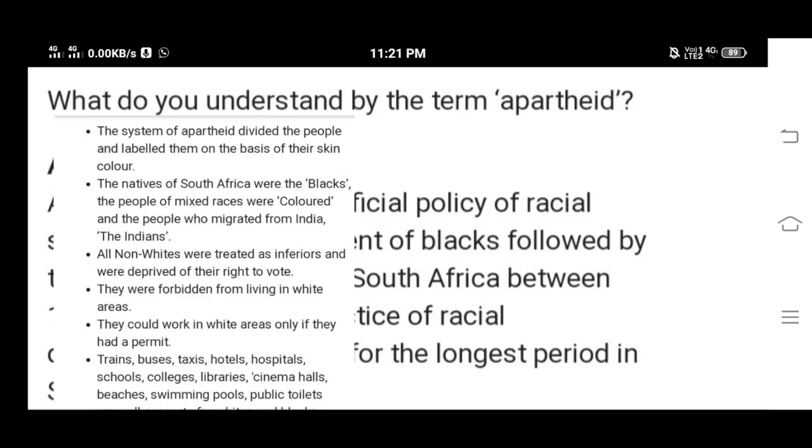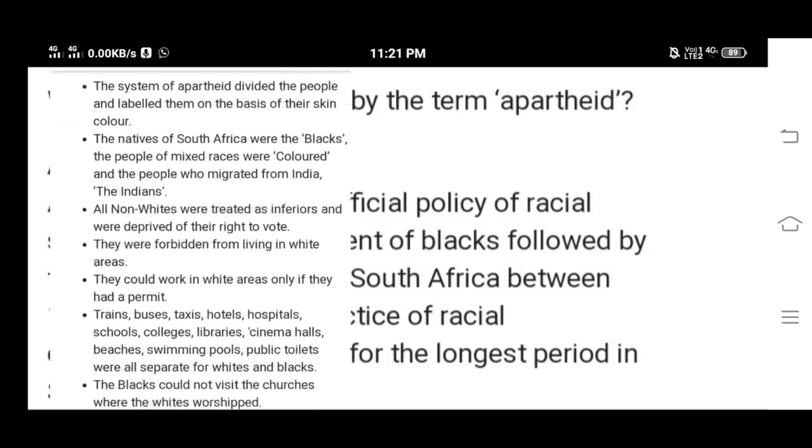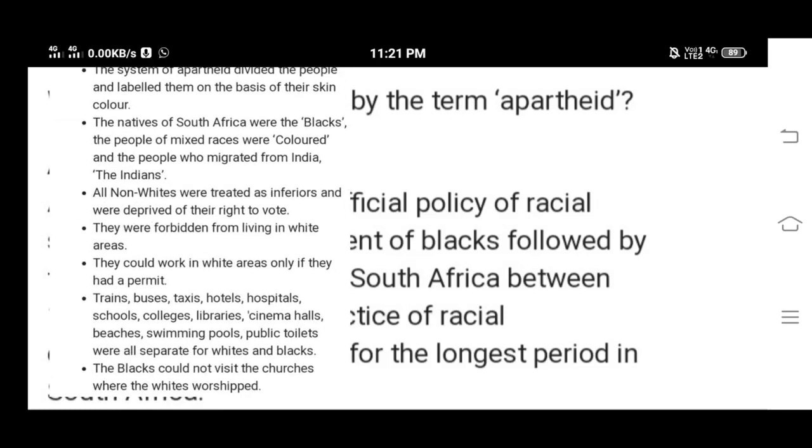That means without permission they can't enter the white areas. If they have to work there, they should have permission first. And also trains, buses, hotels, restaurants, swimming pools, toilets, all were separate for whites and blacks.